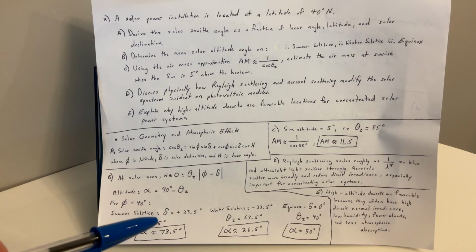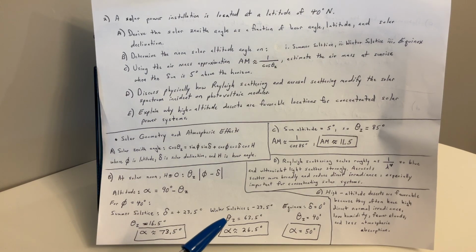For summer solstice, delta is plus 23.5 degrees, theta sub z is 16.5 degrees, alpha is approximately 73.5 degrees. Winter solstice, delta is negative 23.5 degrees, theta sub z is 63.5 degrees, alpha 26.5 degrees. Equinox, delta is 0, so theta sub z is 40, and alpha equals 50 degrees.